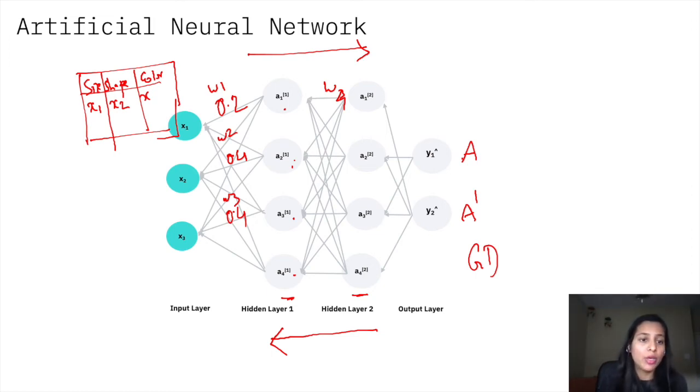So then maybe you come back and you compute, and you're like, okay, because I probably assigned a weight that's too low for the size of the tomato, so let me bump this up by 0.1, so it'd be 0.3, and maybe you realize that the shape is probably not that important, so you just bump this down by another 0.1. So then again the algorithm makes a forward pass to make a guess, and then it tries to compute if there is error this time in the guess that it makes.